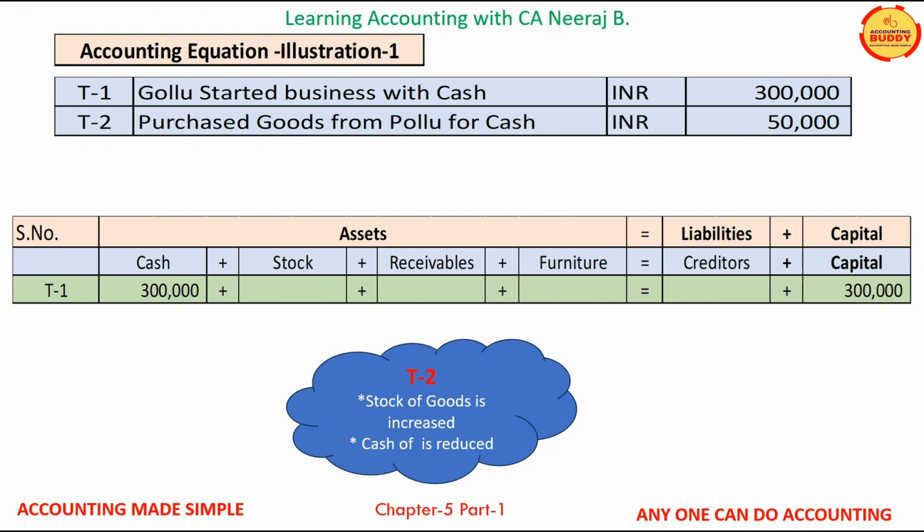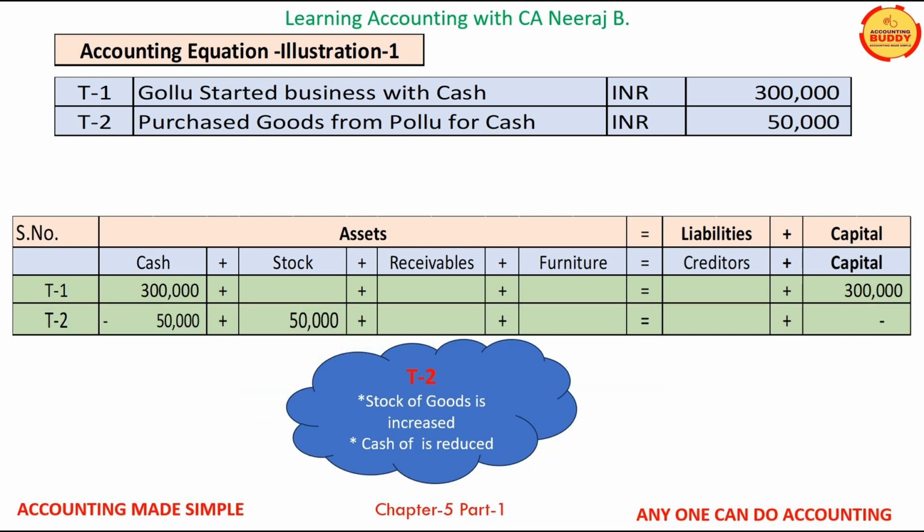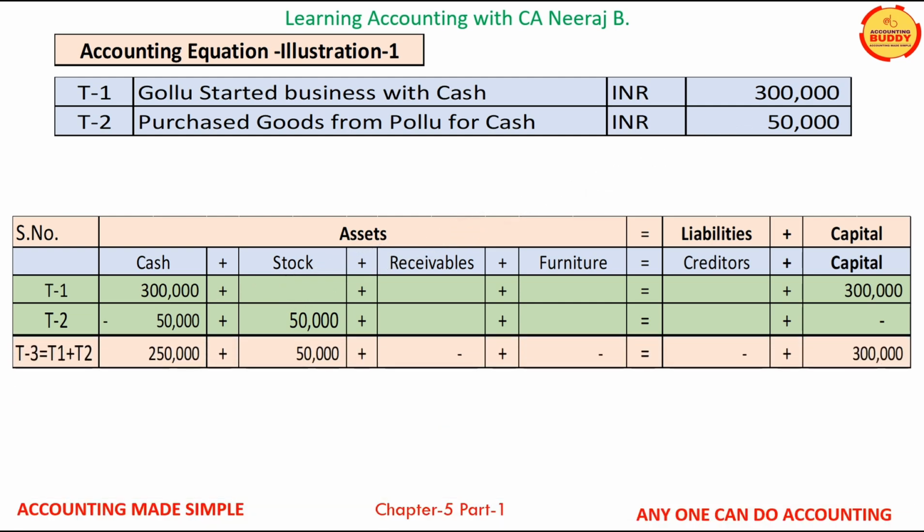In terms of the accounting equation, this transaction will be reflected as appearing on your screens. Stock will increase and the cash will be reduced. Post T2 transaction, the new accounting equation will be 250,000 cash plus 50,000 stock equal to 300,000 of capital.